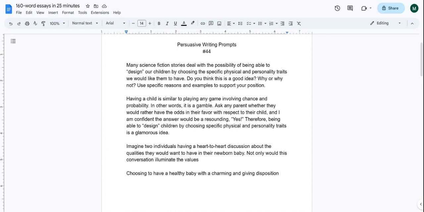Having a heart to heart discussion about the qualities they would want to have in their newborn baby.